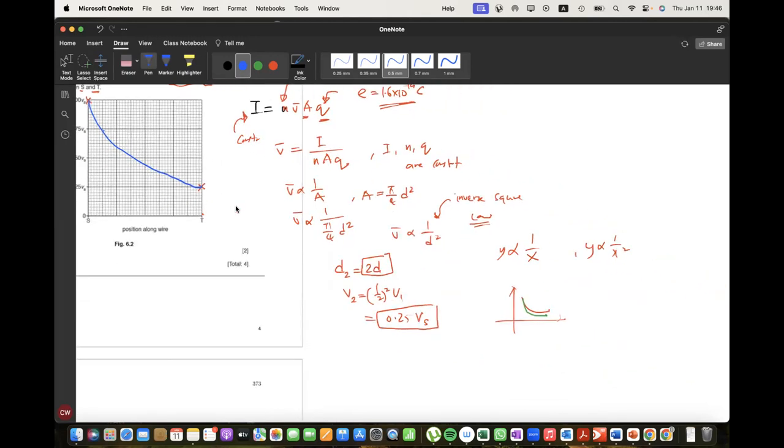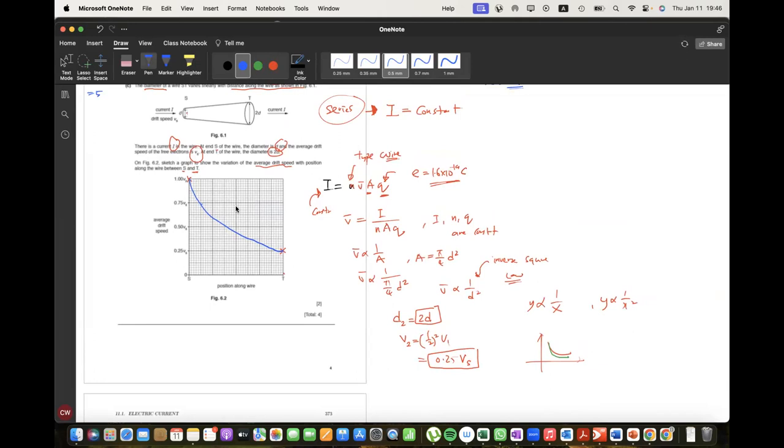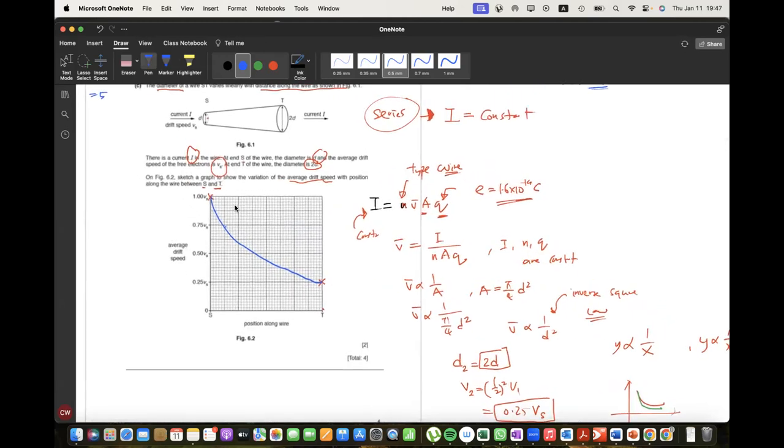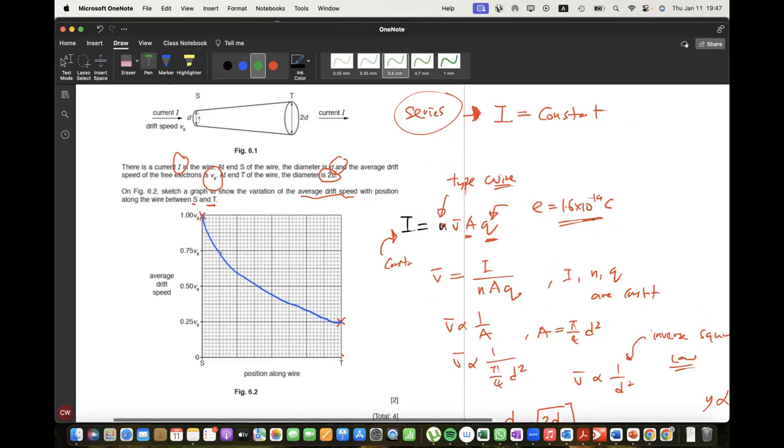Okay. Any problem? Do you understand the whole thing? How the graph is drawn? So first you need to know this formula, which you have learned before. We need to establish a relationship between the drift velocity and the diameter. Before you go on, you must identify the constants in this equation.